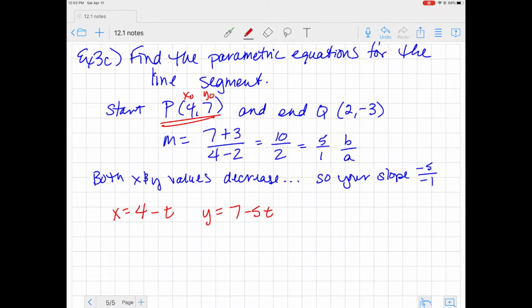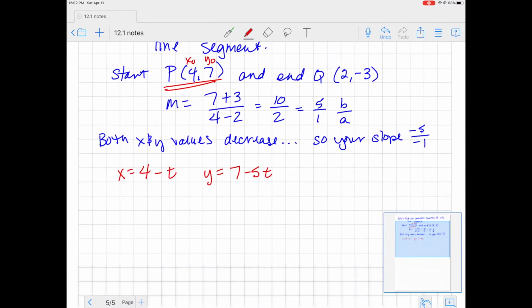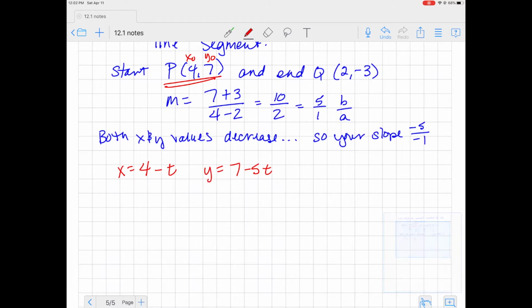But we have to know what our parameters are, right? Okay, so let's do this thing. I know with my parameter, I'm going to go from... so what are we doing here?